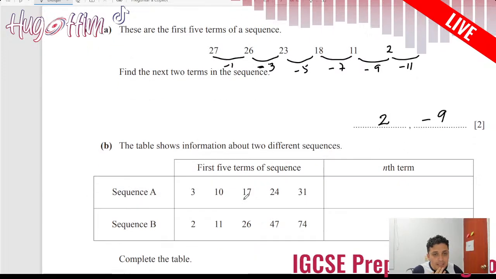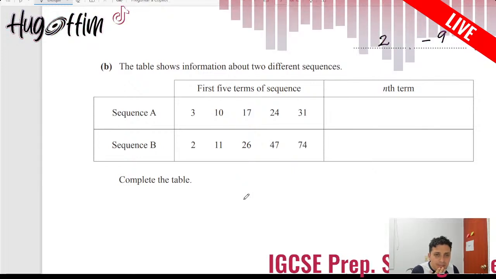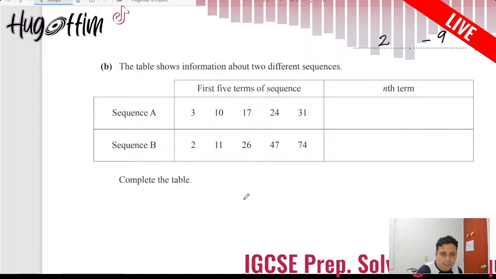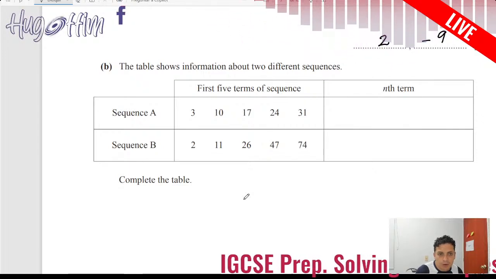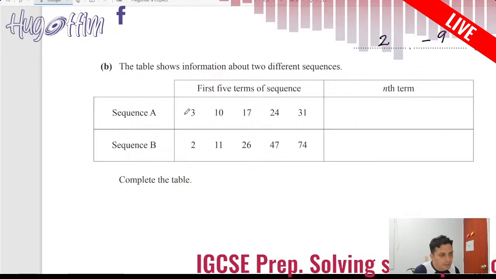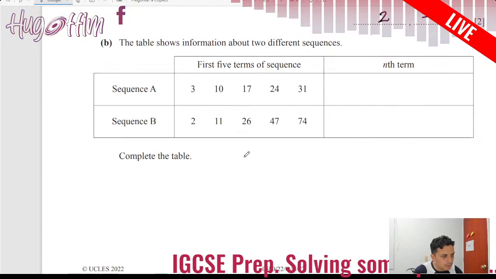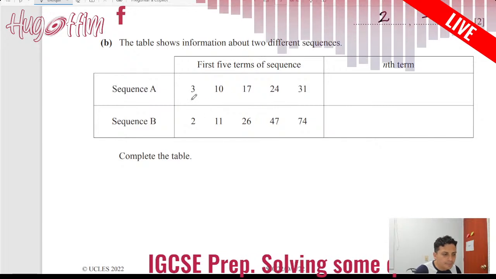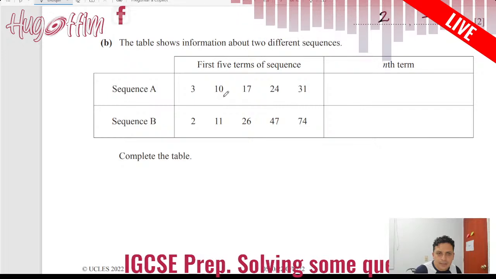Okay, good. The table shows information about two different sequences. First 5 terms of sequence: 8, 3, 10, 17, 24. Complete the table. I need to find the nth term. 3, 10, 17.